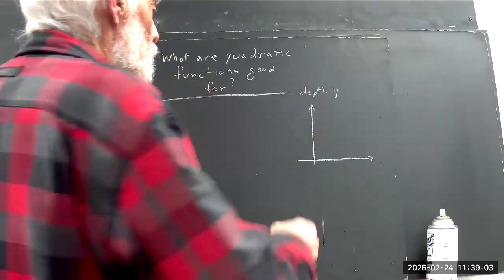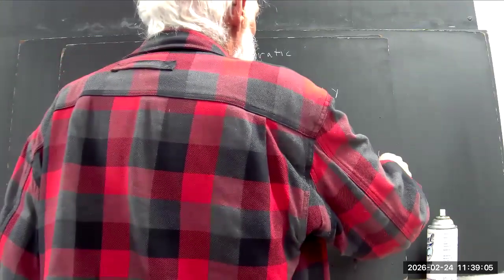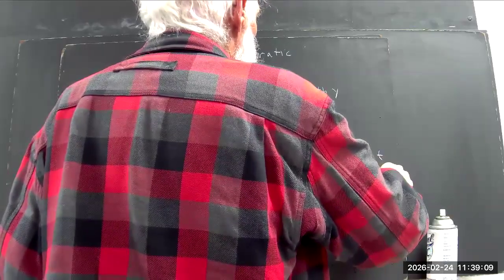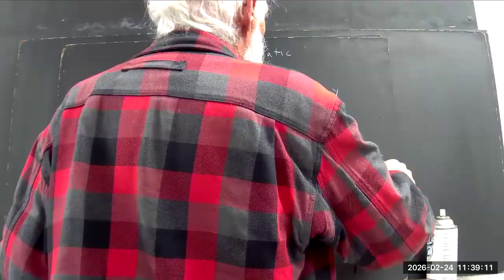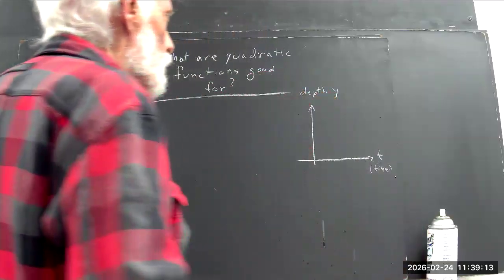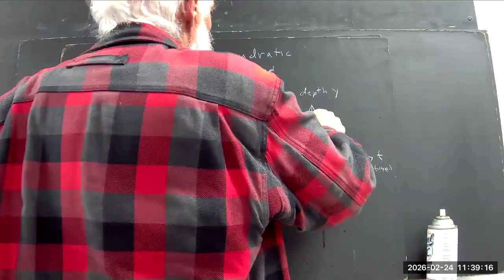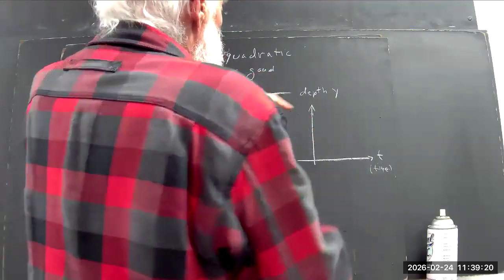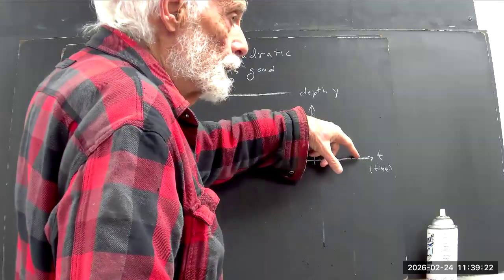We'll let y stand for the depth and t the time. Now we measure time probably in seconds here. We start at some depth and we decrease until the depth is zero.